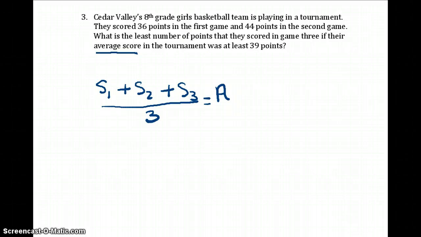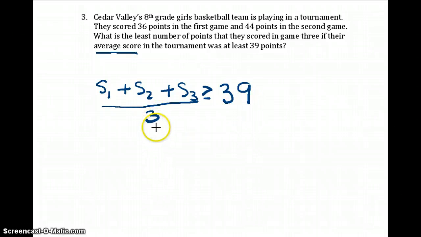In this particular situation, they want the average to be at least 39 points. So if I want it to be at least 39 points, I want it greater than or equal to 39 points. So if they just gave me score 1, score 2, and score 3, I could check to see if it was greater than or equal to 39 points.